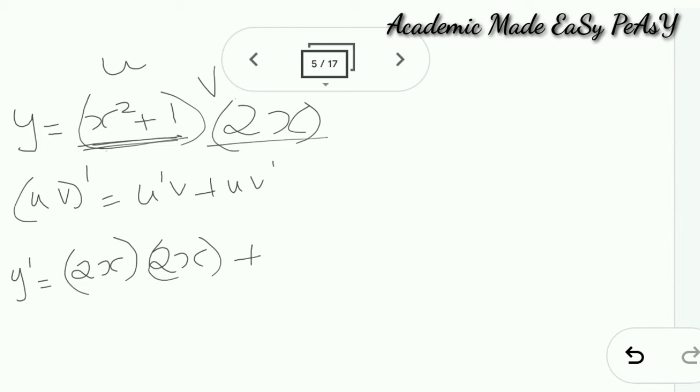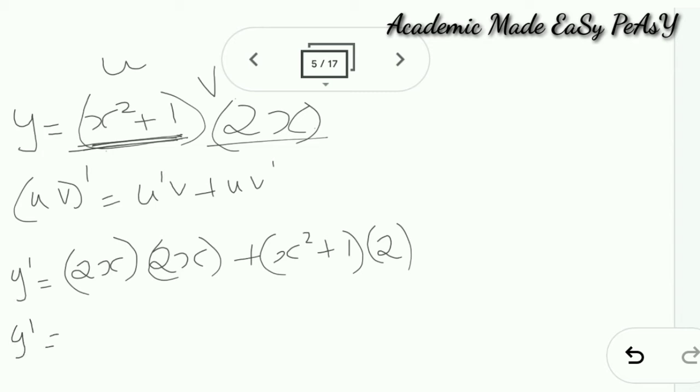Next, what should I do here? I have to write my u as it is, x square plus 1, and my v dash I have to take now. So 2 as it is, and my x will become 1, so this will become 2.